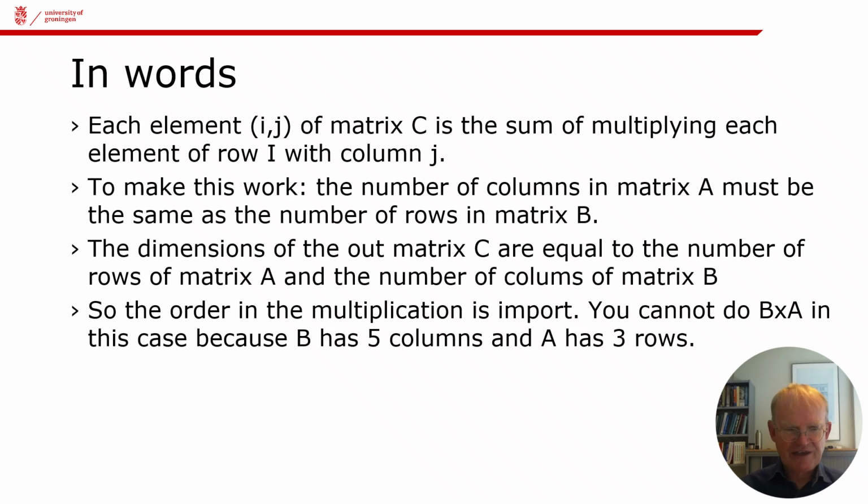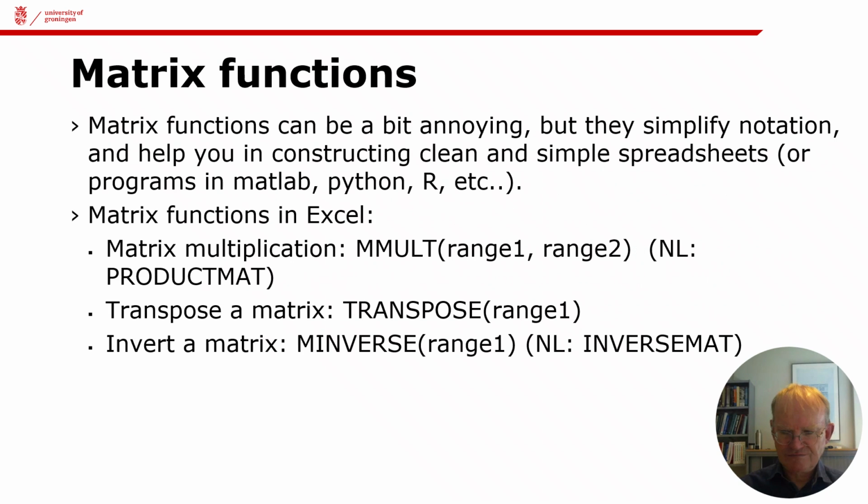And it means that the dimensions of the output matrix C are equal to the number of rows of matrix A and the number of columns of matrix B. So the order in the multiplication is important. You cannot do B times A in this case because B has 5 columns and A has 3 rows.